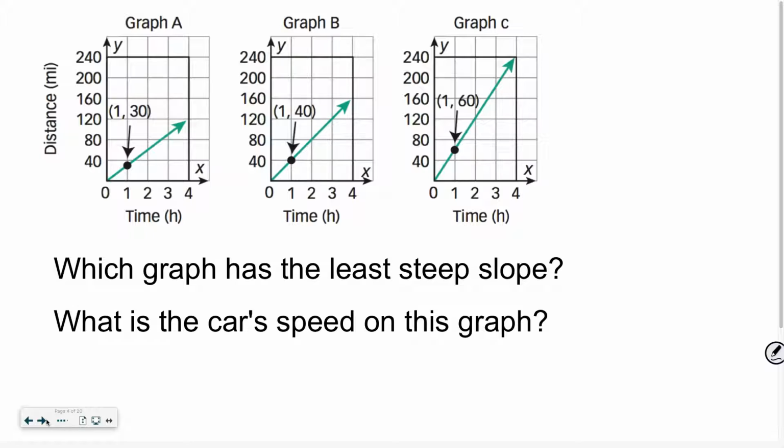So what do you notice about the steepness of the line and how fast they're going? If the line is steeper, it means they're going faster. Yeah, if the line is steeper, it means they're moving at a faster rate.